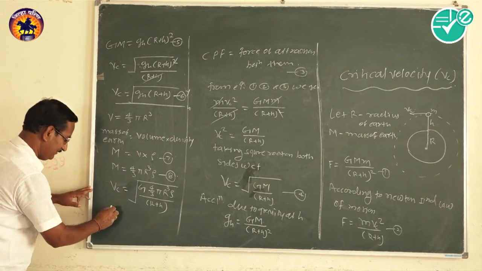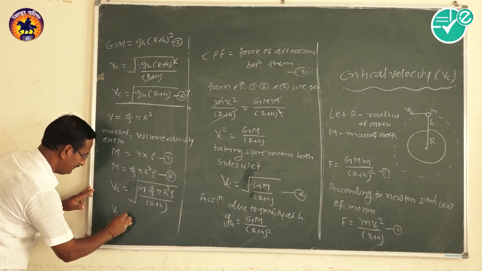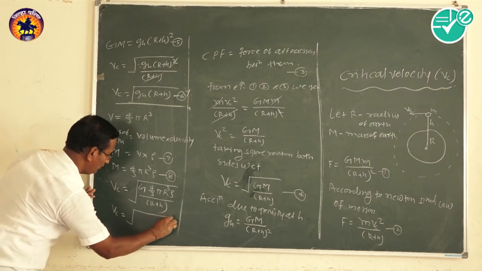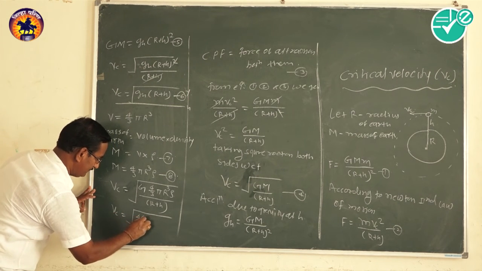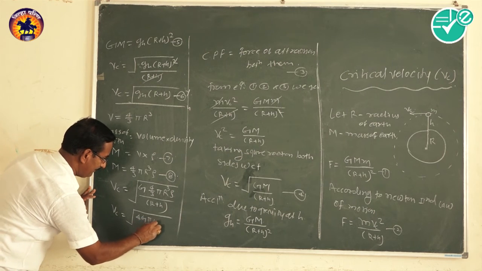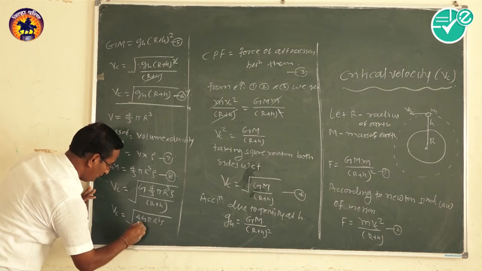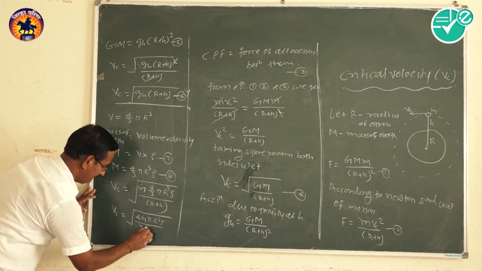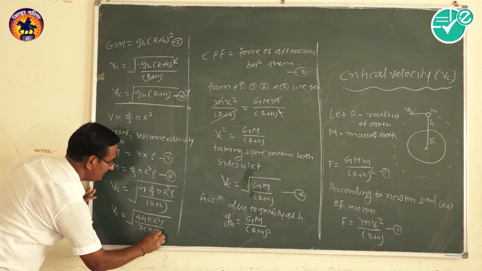Simplified, Vc equals under root of 4 G pi R cube rho divided by thrice (R plus h).